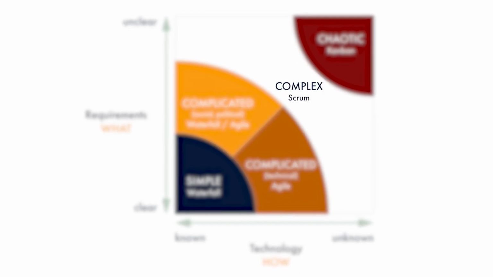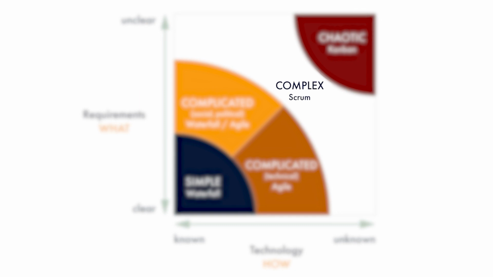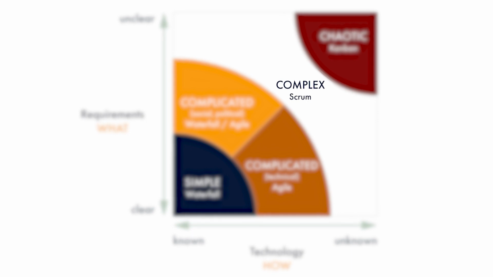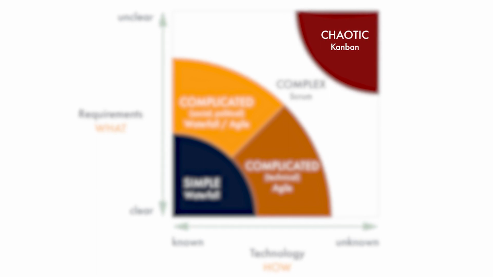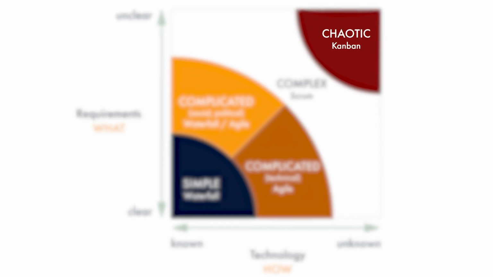Then you get into the really complex place. As Ben mentioned, it's about the change of requirements, how things evolve and how we learn throughout, about not just what it is we're trying to deliver, but also how we're trying to deliver it. And then in the top right-hand side is the chaotic environment, where everything's changing constantly and we're almost purely reactive to the situation. It's a firefighting kind of mindset that we often see teams and organisations in.